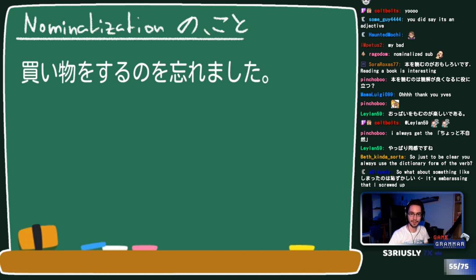Something like しまったのは恥ずかしい. I think you can do that with past tense, pretty sure. You can nominalize past tense clauses as well like that. So there are also other ways of doing similar things using what we learned a while ago with relative clauses. For example, I could say the things I did yesterday are embarrassing. So 昨日やったこと、昨日やったことは恥ずかしい.